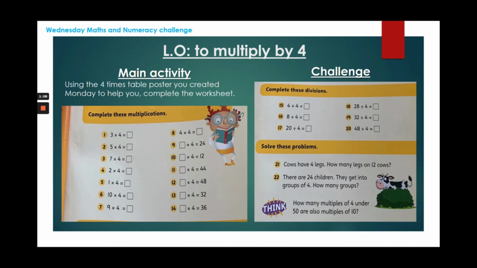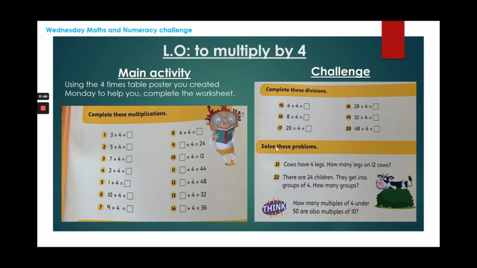How many fingers have you got up, boys and girls? Can you show me? Fantastic. I've got 5 fingers up too. And I know that 4 times 5 equals 20. So 20 divided by 4 equals 5. Now try and do these ones on your own.